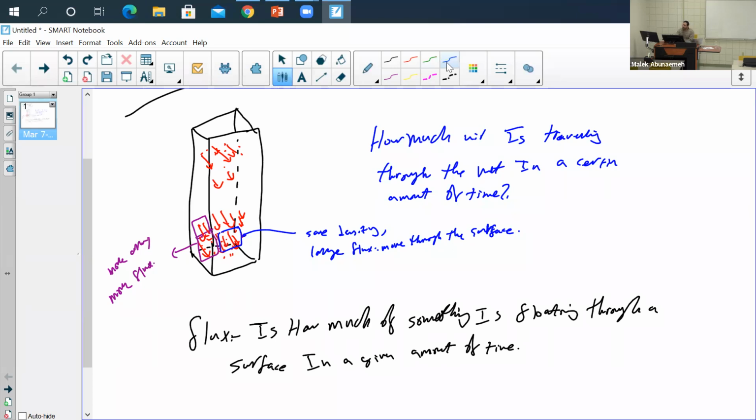Now, if you take the blue net, our first net, and put it right over here, would you have the same flux? The answer is no. This is going to be a smaller density, like we said, which results in a smaller flux.